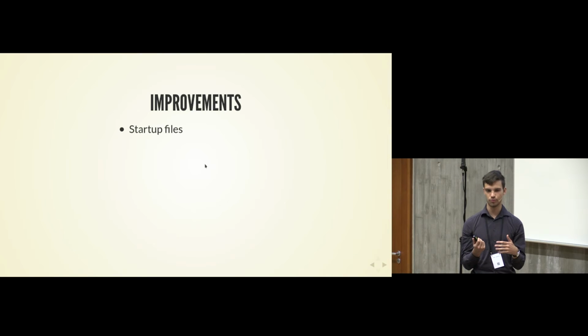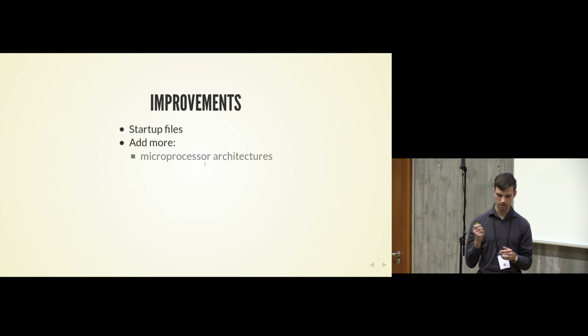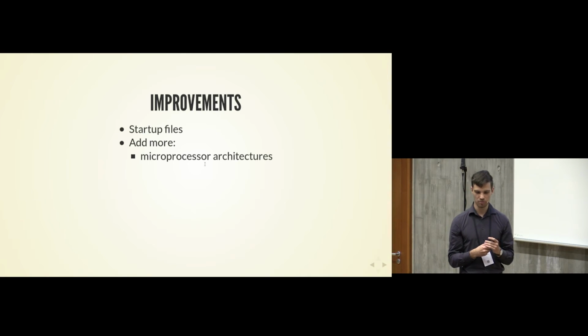So you need to pass it the correct startup file for the toolchain that you selected. Then there are also always more microprocessor architectures. Currently, I'm supporting just the STM32, but there's no reason I can't add support for, for example, 8051 or PIC or something else.